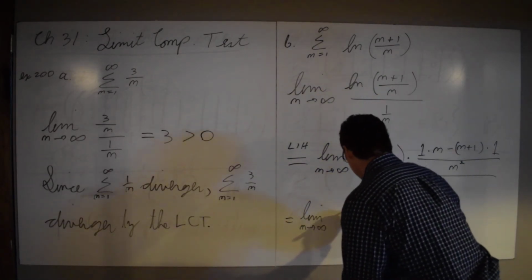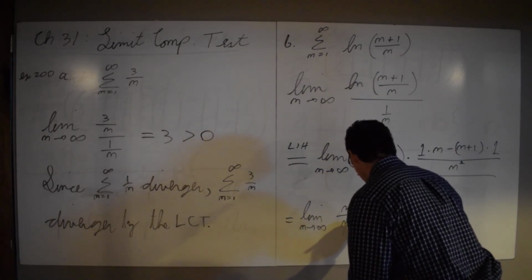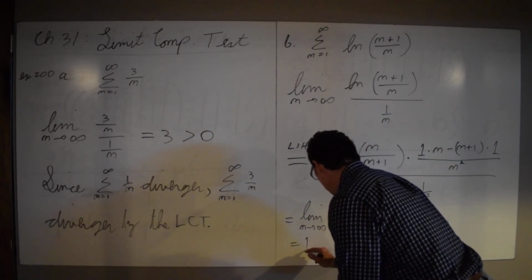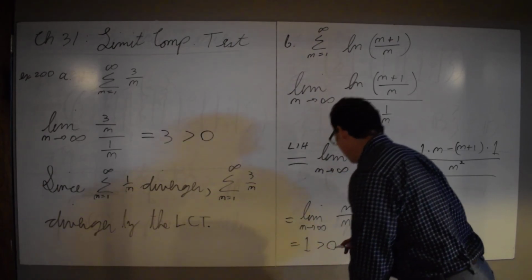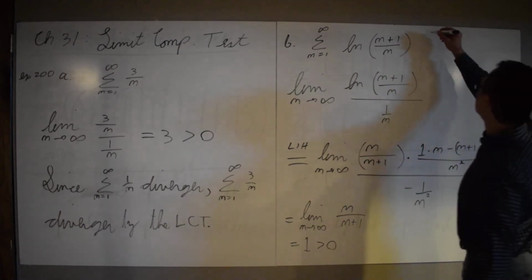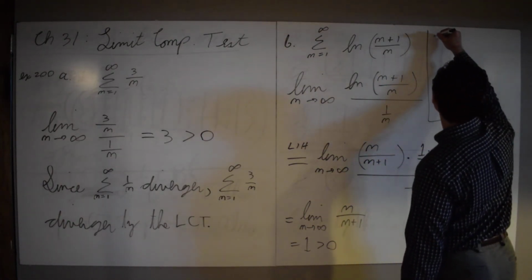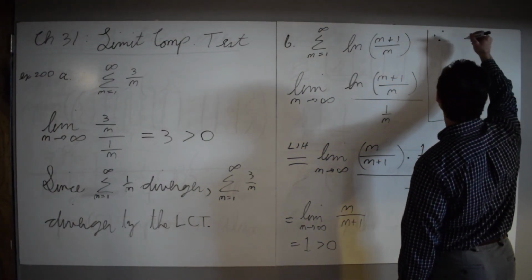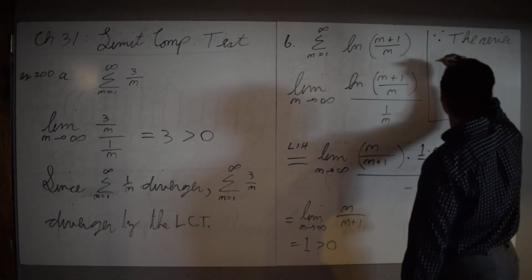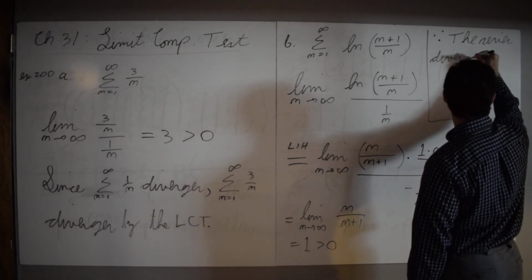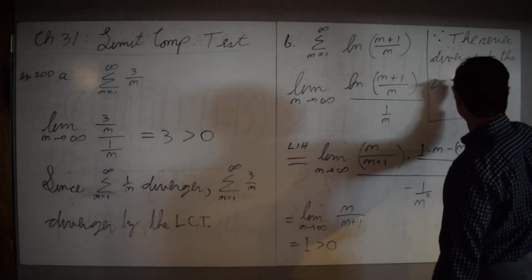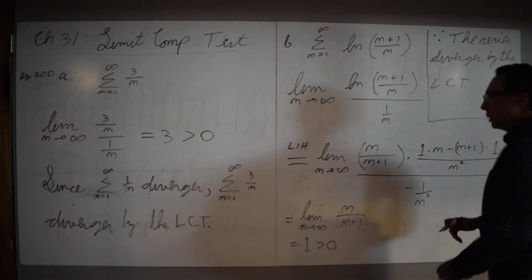And so we just have n divided by n plus 1, which has limit equal to 1, which is greater than 0. Therefore, the series diverges by the limit comparison test.